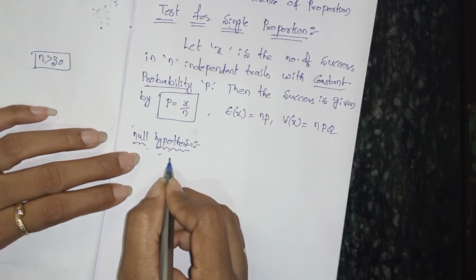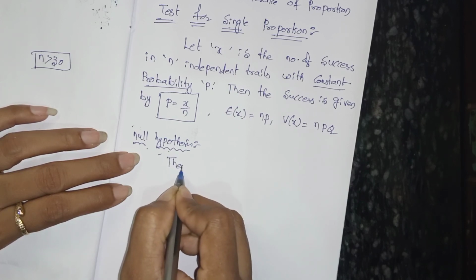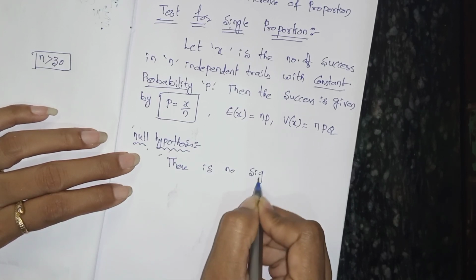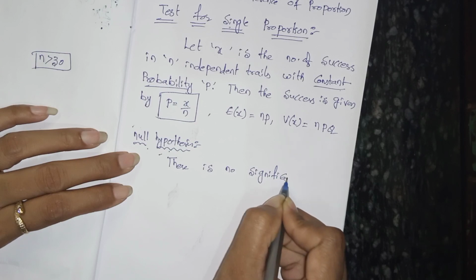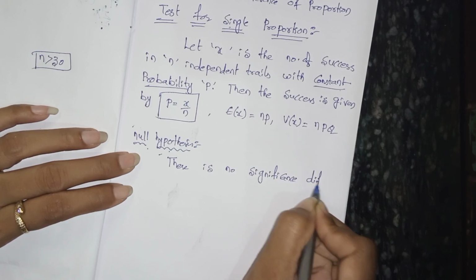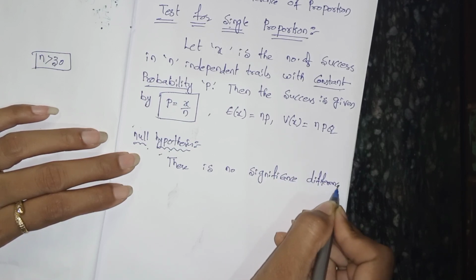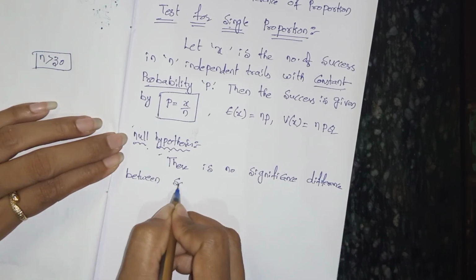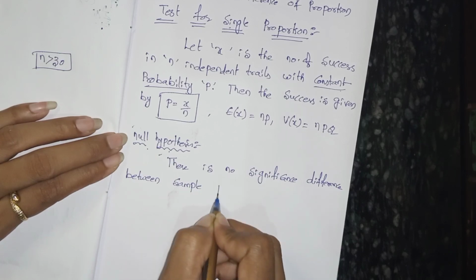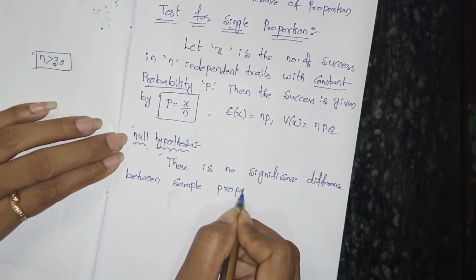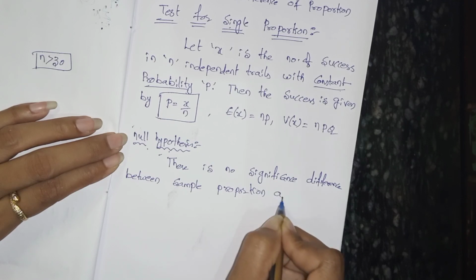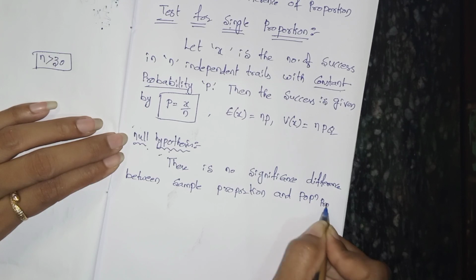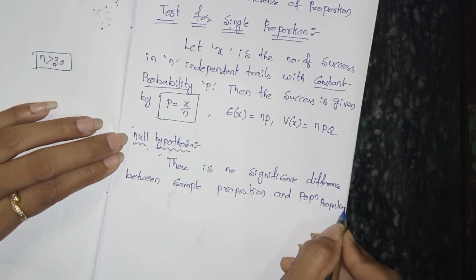What we have to write in the null hypothesis is: there is no significant difference between sample proportion and population proportion.